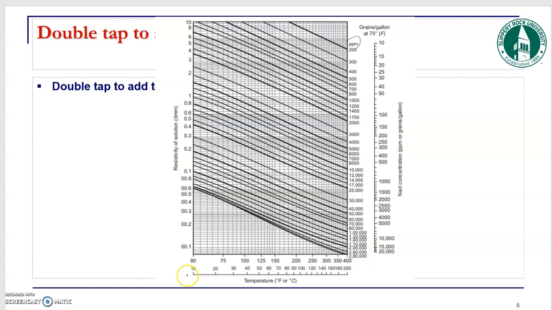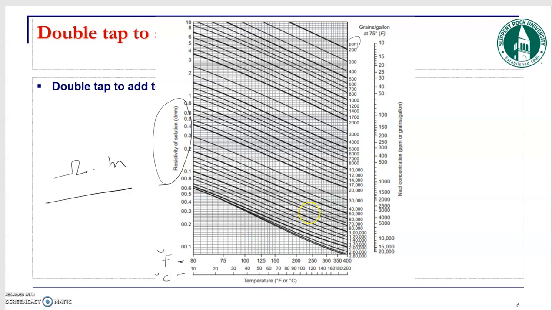On the x-axis you see two axes here. One is the temperature in Fahrenheit. This is the temperature in centigrade, and the y-axis on the left hand side of this chart is giving you the resistivity in ohm meter. That's the unit of resistivity.